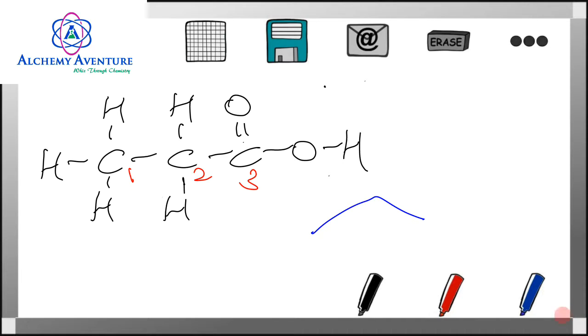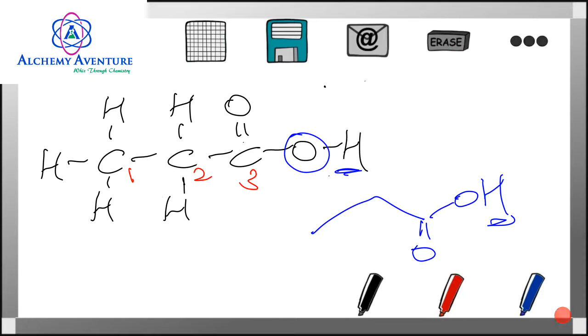Alright. Draw your parent chain in a zigzag manner. So over here we're going to add C double bond O plus an OH. So there we go. This is the skeletal formula of this carboxylic acid. Now, as mentioned earlier, the heteroatom has to be shown. In this case, our heteroatom is oxygen, so they are drawn out for us. And also, if the hydrogen atom is bonded to a heteroatom, the hydrogen atom has to be drawn out as well.